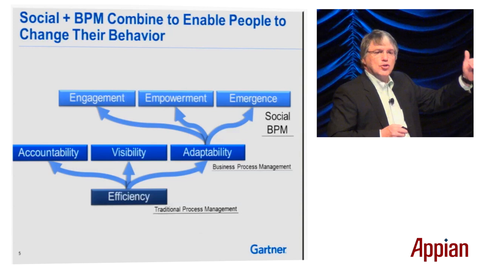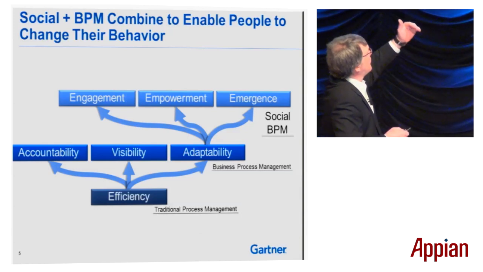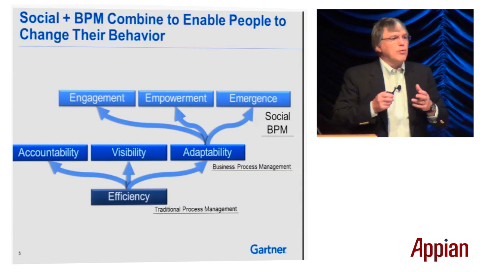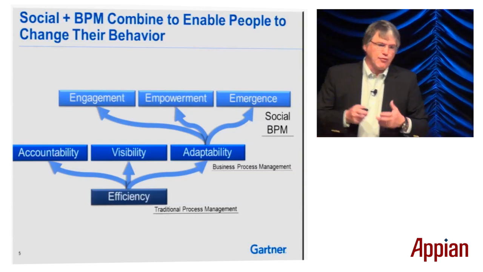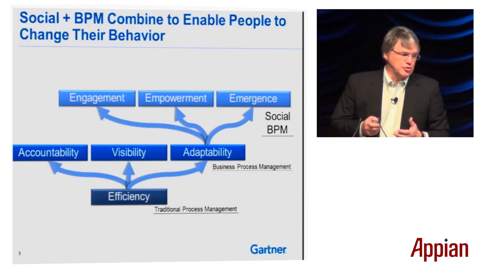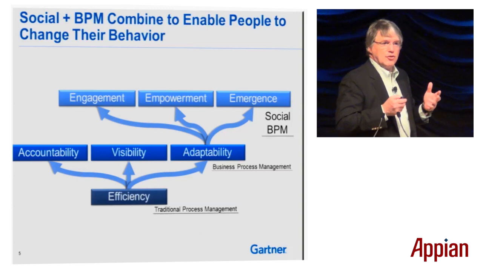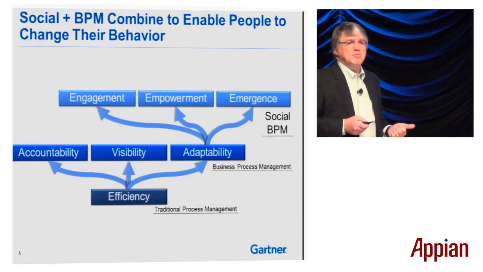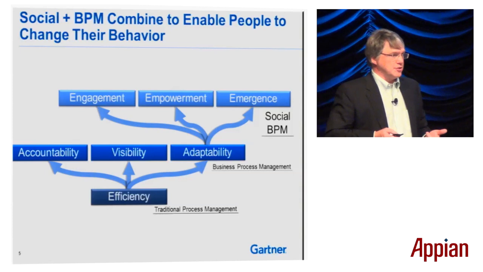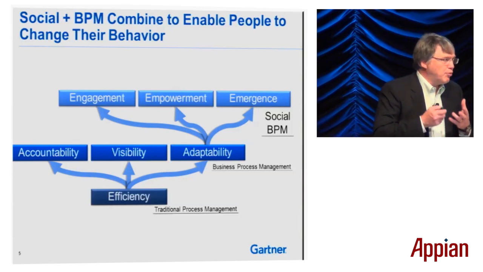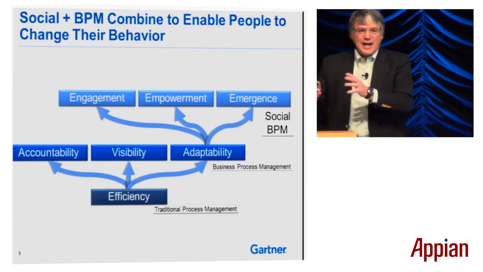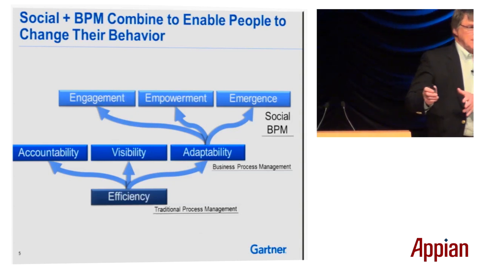Now when we look at social BPM, we're really saying take that adaptability component and really make that first class, a major concern. If you're going to do that, you've got to do at least three things here. I like to call them the 3 E's: engagement, empowerment, and emergence, right? It's really putting some structure around how you get that adaptability, not just out of the IT systems.